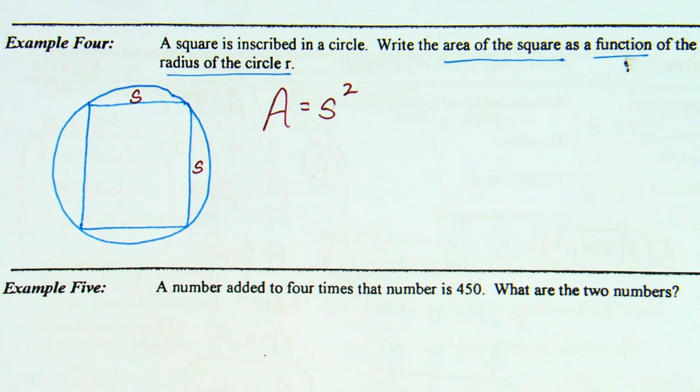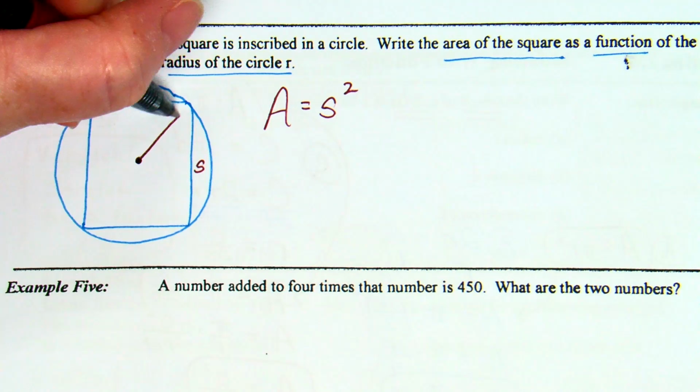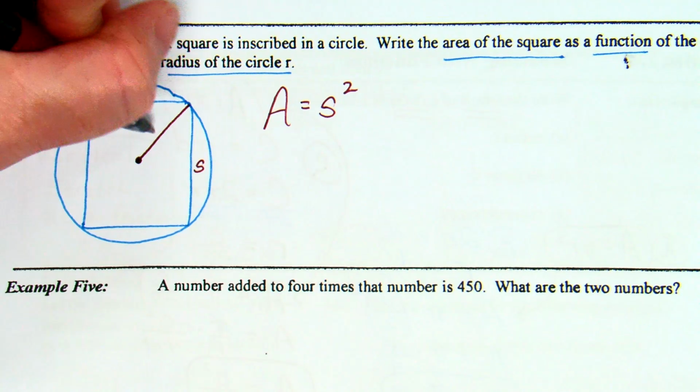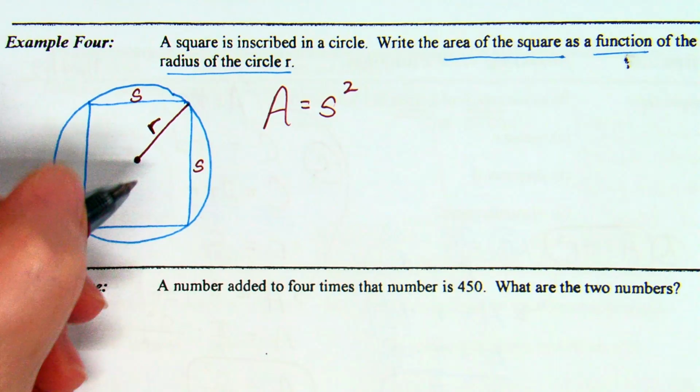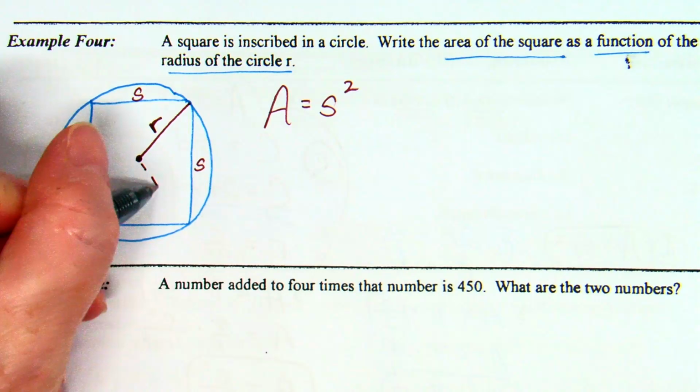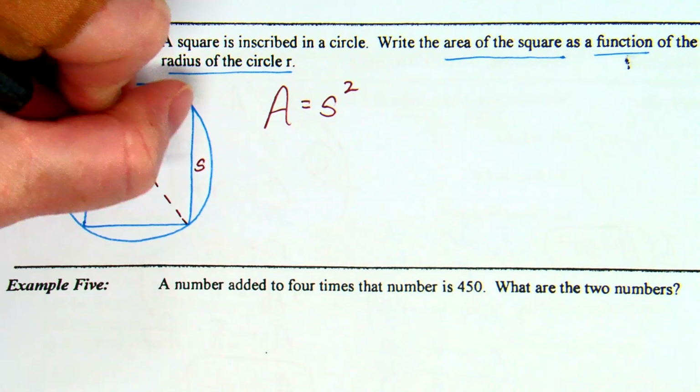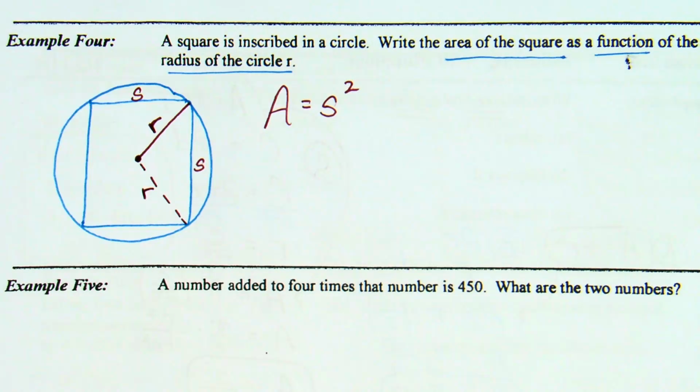Where would it be beneficial for me to draw the radius? Going to one of the points of the square. So there is R. Here is another R. What kind of triangle do those two R's and that S form?